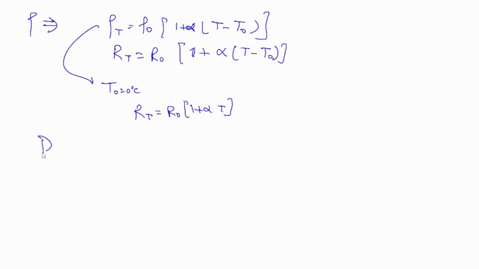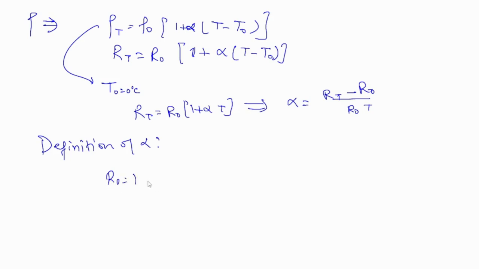Now the definition of alpha: if you take R0 as 1 and T as 1 degree Celsius, then alpha will be R T minus R0.